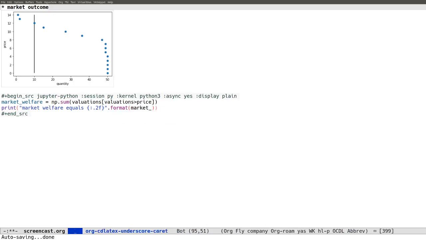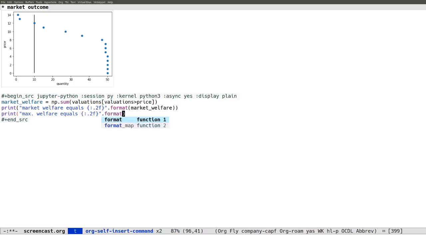Market welfare. And we know from above that max welfare equals, and again we can format this to F. And this we call welfare.